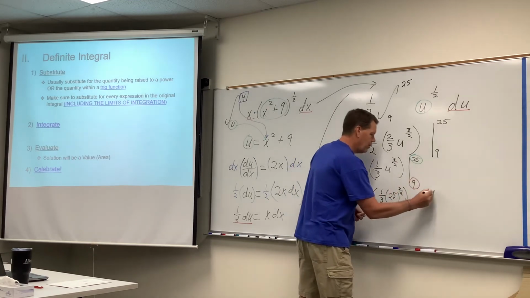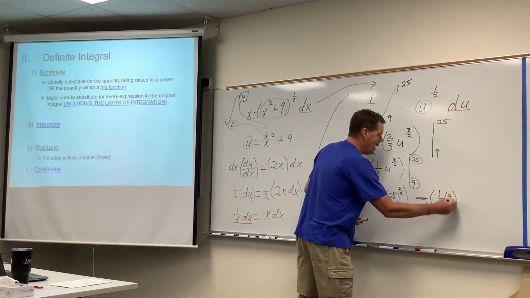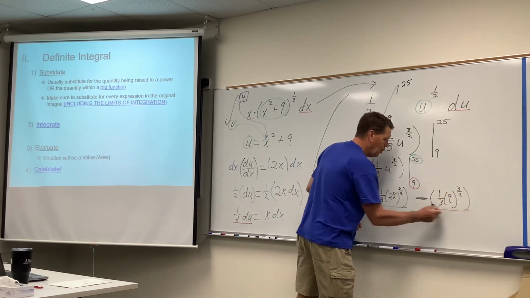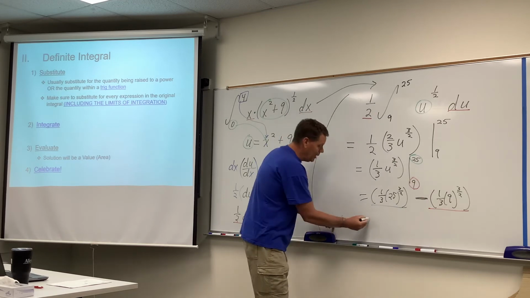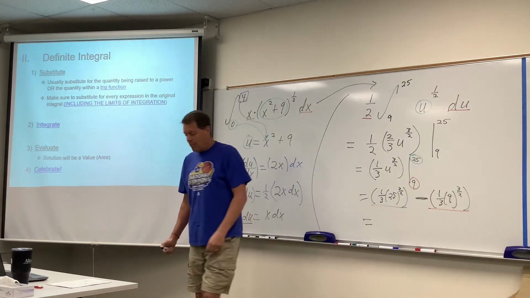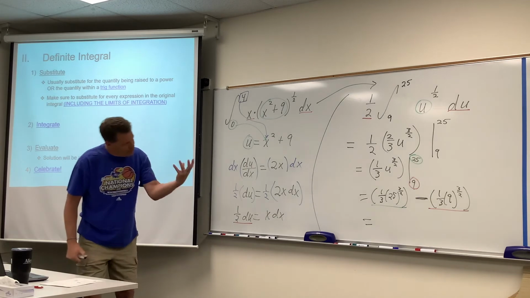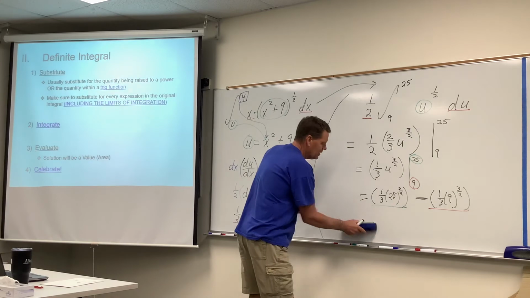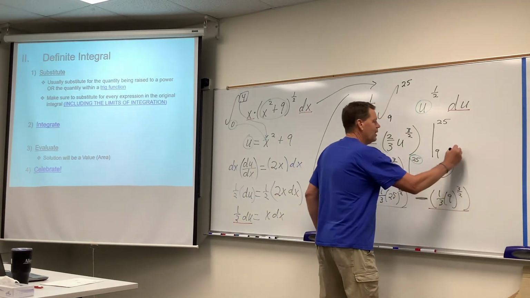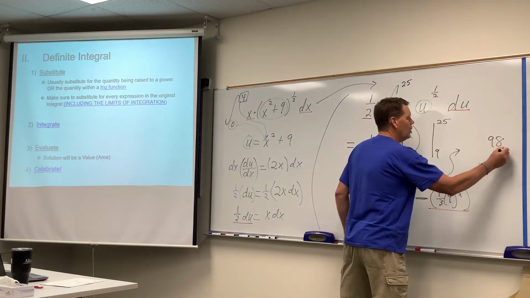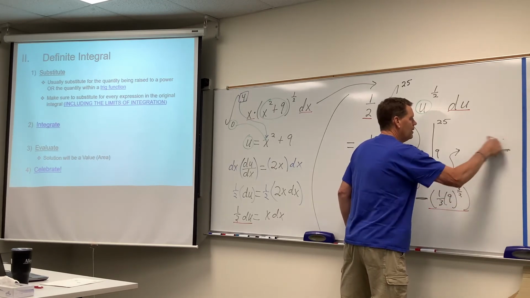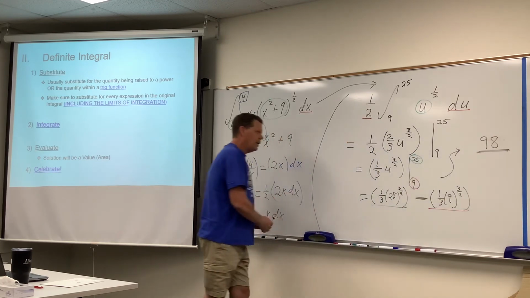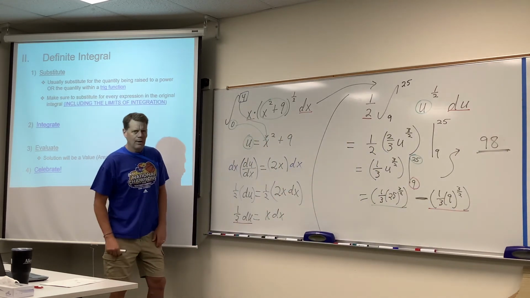So that would be 1/3 times 9 to the 3/2 power. That would be the lower. And then this is just arithmetic from here, isn't it? So this would be the point where all we got to do is plug those numbers in and crunch them out. And let's go ahead and write this up here a little bit bigger. So ultimately, this will end up equaling 98 over, what number is that over after you do all that arithmetic?